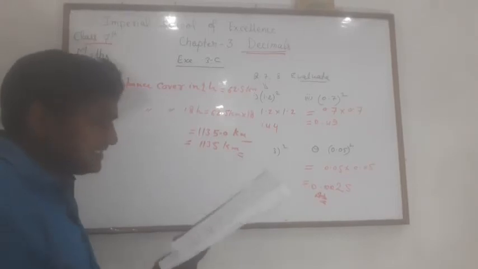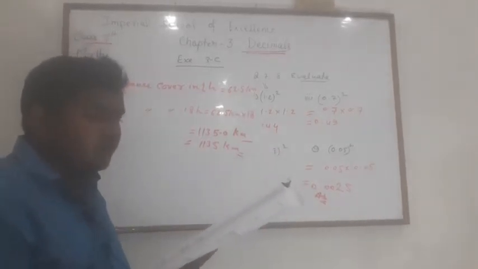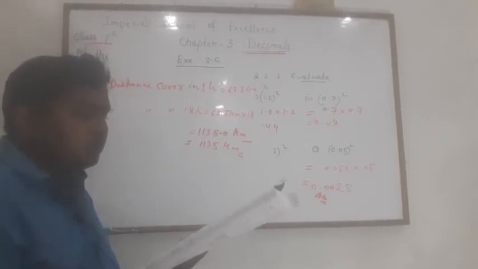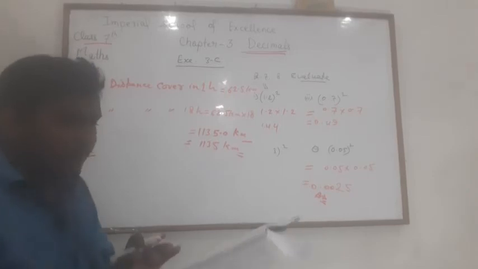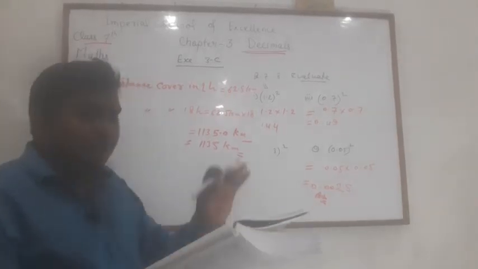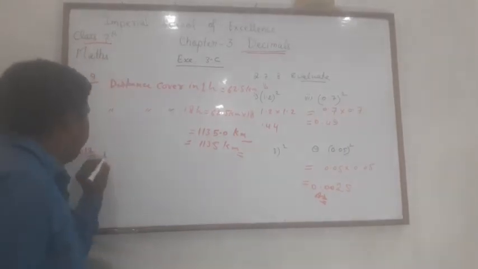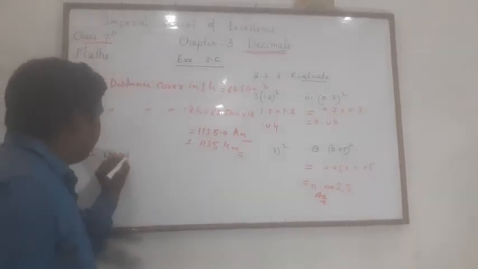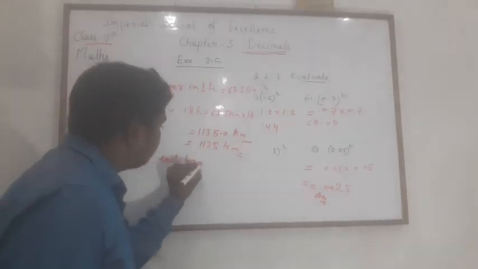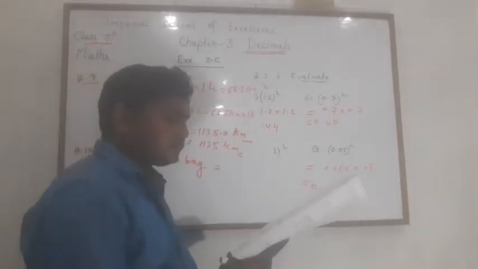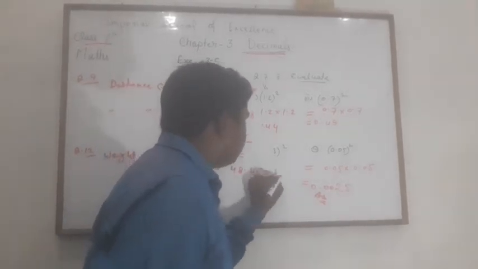Find the weight of 16 bags of sugar if each bag weighs 48.450 kg. So here basically it is asking the weight of 16 bags. Weight of each bag is equal to 48.450 kg.